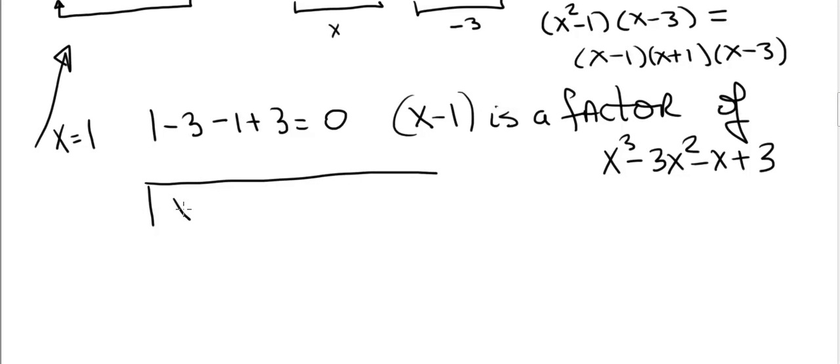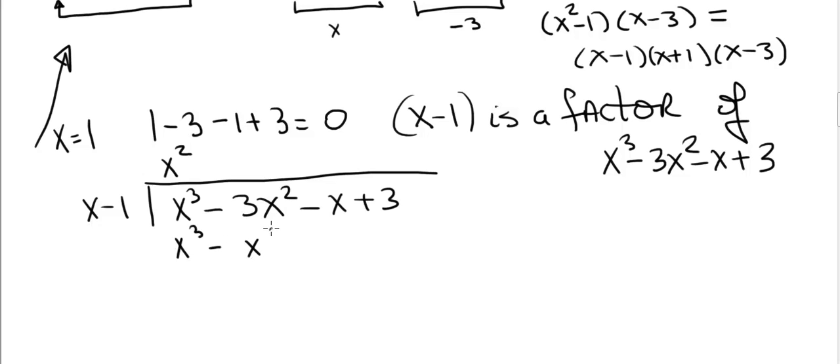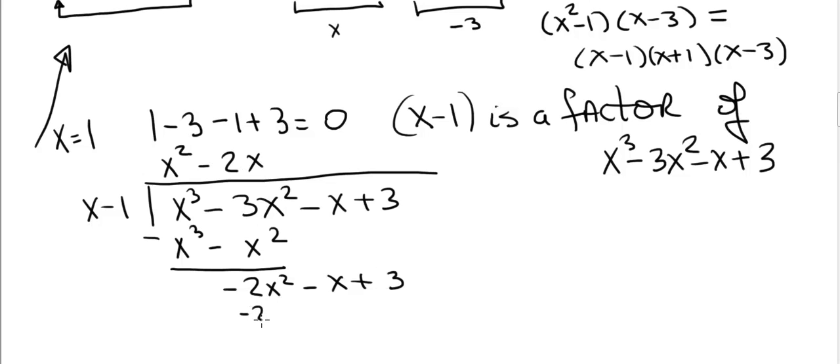I'll use long division. So x³ − 3x² − x + 3 divided by x − 1. We're going to put an x² here. So x² times x is x³ − x². Now subtract. This gives us −2x² − x + 3. Then −2x times (x − 1) is −2x² + 2x.